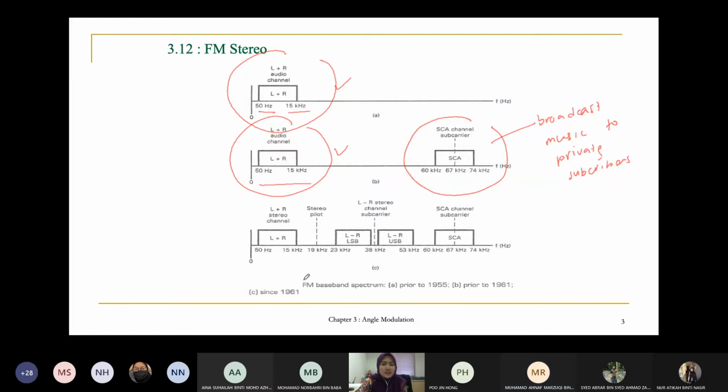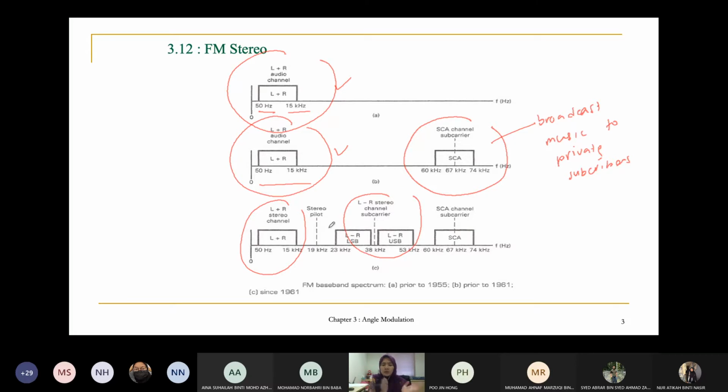Since 1961 and onwards until now, we have changed to stereophonic transmission. For stereophonic transmission, you have the left plus right stereo channel, and also the left plus inverted right stereo channel. So the signal is now divided into two.